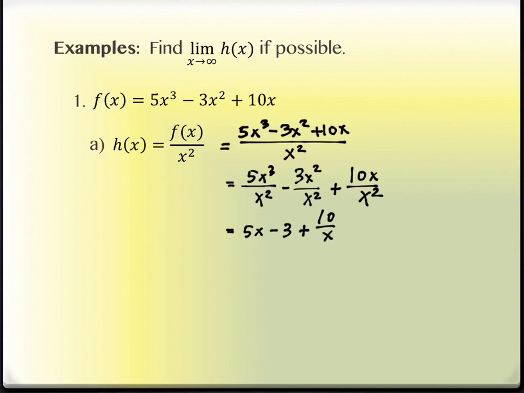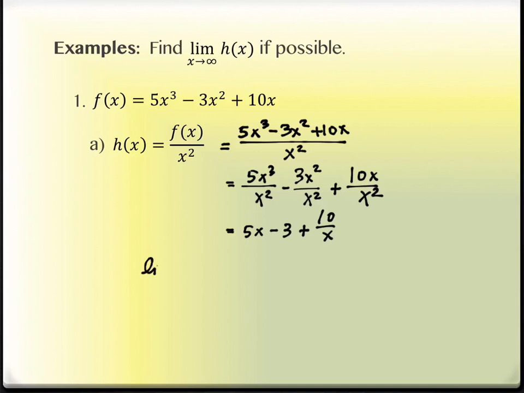Okay, so the first thing to do when we're working with these limits is to first figure out what function we're talking about, and how I reduce or simplify it, make it easier to work with. So that's what we've done so far. We haven't found any limits. All we've done is figure out what our function actually is in a more condensed, more user-friendly form.